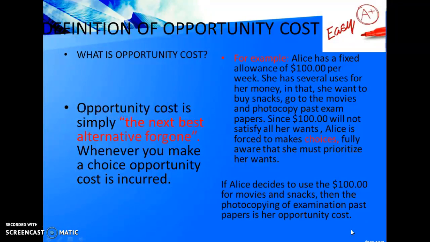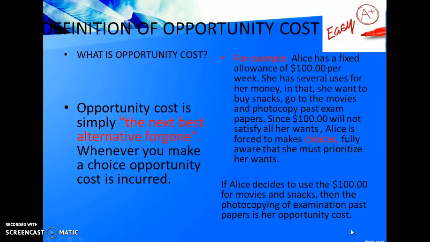So in economics, we use the term opportunity cost to refer to the cost of one choice in terms of the next best alternative. The concept of opportunity cost can be applied at individual, household, firm, and government levels, right? And in economics, the concept of cost, by the way, is quite different from that in accounting or the business field.